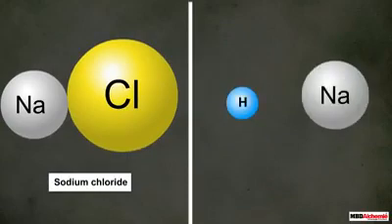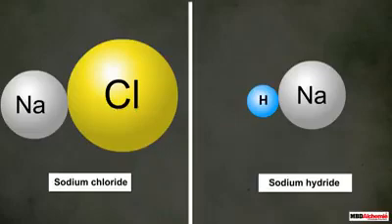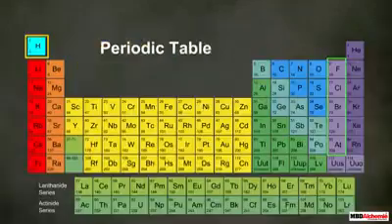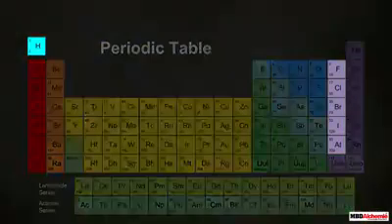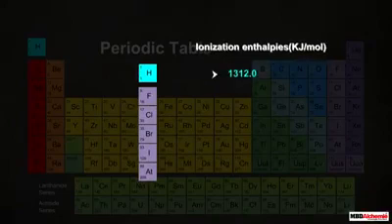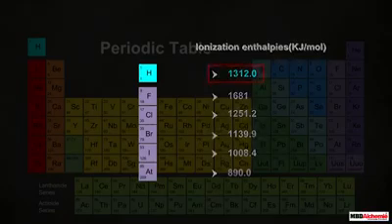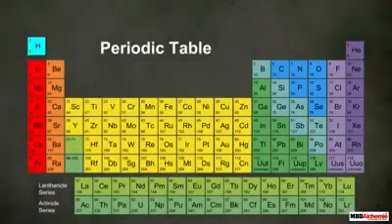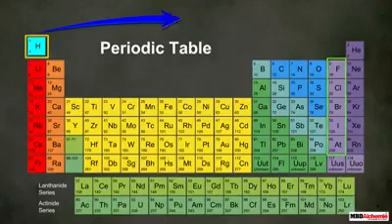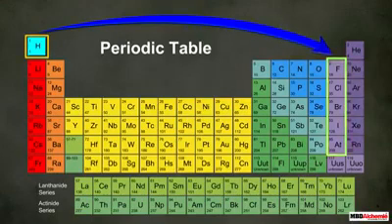Also, hydrogen combines with the alkali metals to form metal hydrides. Another similarity is in their ionization enthalpies. As we have already seen, hydrogen has a high ionization enthalpy, which is quite comparable to the ionization enthalpy of the halogens. So, looking at the similarities between halogens and hydrogen, hydrogen can be placed with the group of halogens, that is 17.